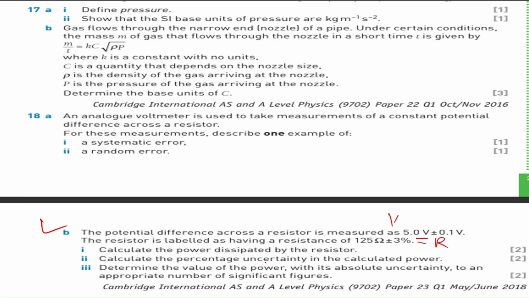They gave us the resistor uncertainty and voltage uncertainty. Determine the value of the power with its absolute uncertainty to an appropriate number of significant figures. Okay, here they also mention significant figures.